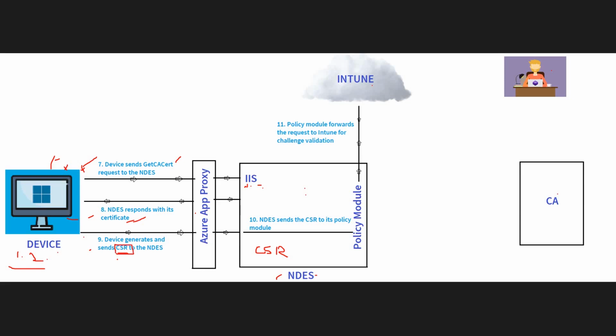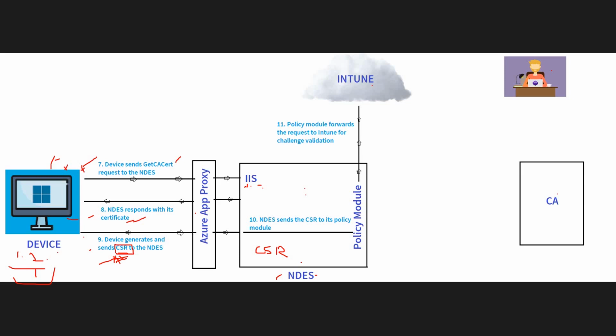And the CSR is actually encrypted with the RA certificate. That is why the device did the GetCACert, so that it first gets the RA certificate, and then it can use the RA certificate to encrypt the CSR and send it to the NDES server.